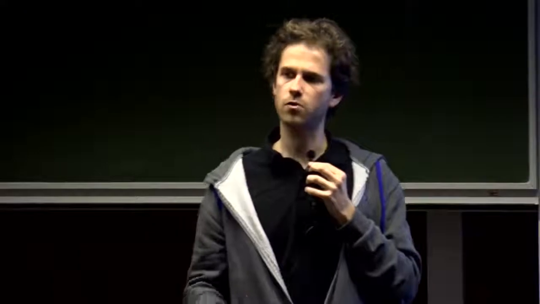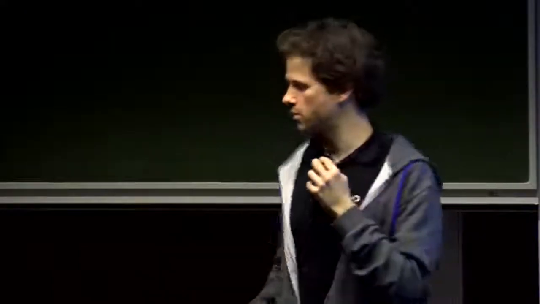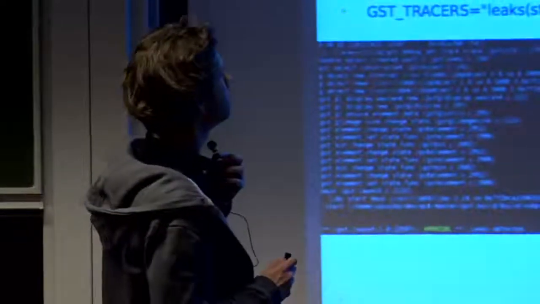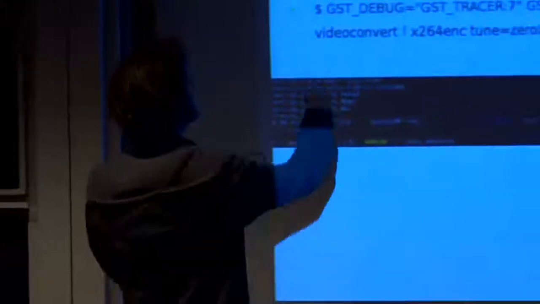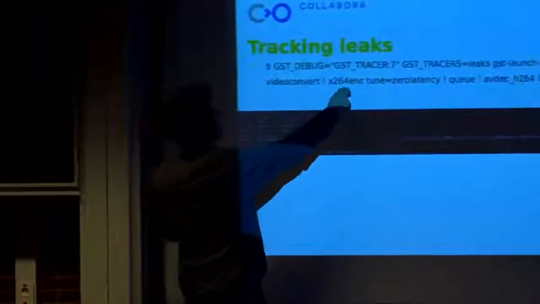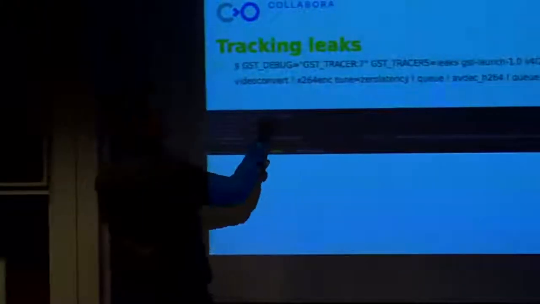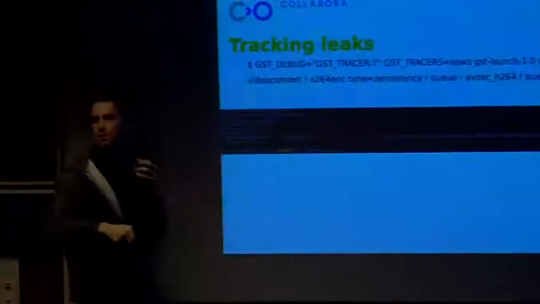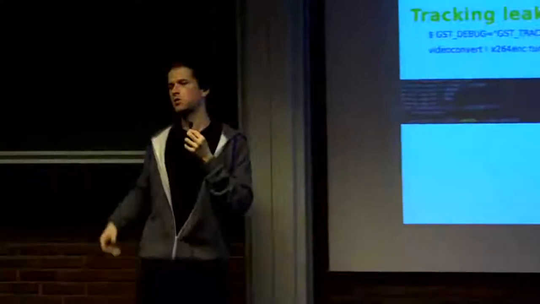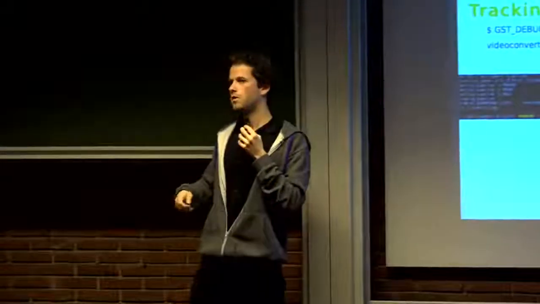Yeah, that's why you have to use the GST_DEBUG environment variable I mentioned here. So here I ask it to just give me the information about the tracer, but if you put just 5, for example, that will give you all the debug information of all the elements, which will be quite a lot.